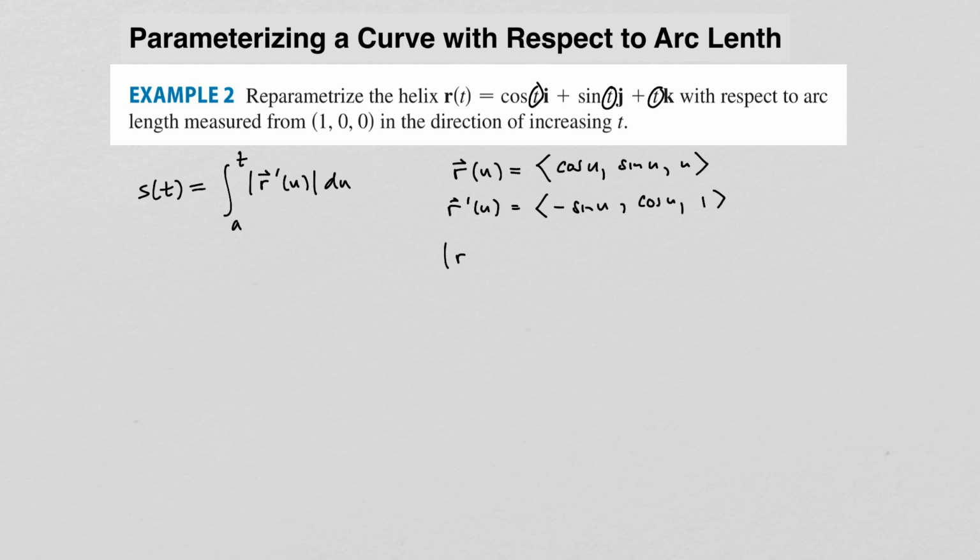Therefore, the magnitude of r prime of u is the square root of negative sine of u quantity squared plus cosine of u quantity squared plus 1 squared. And this is equal to the square root of 2.